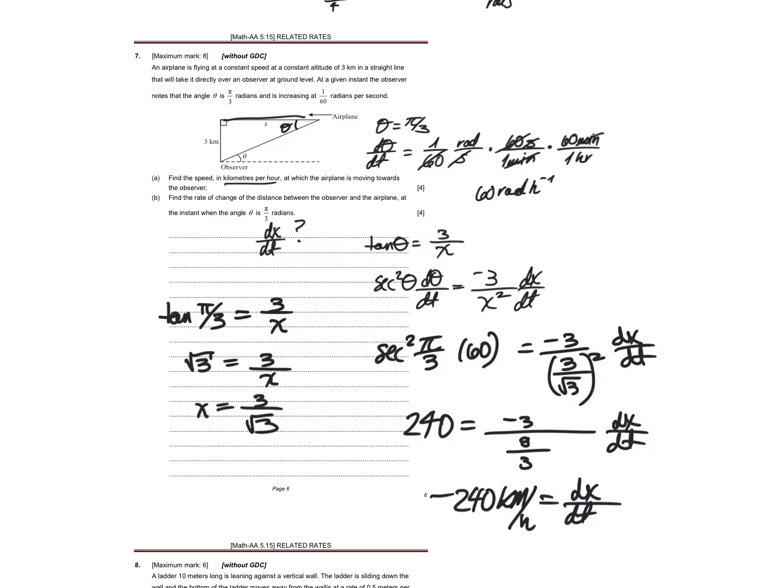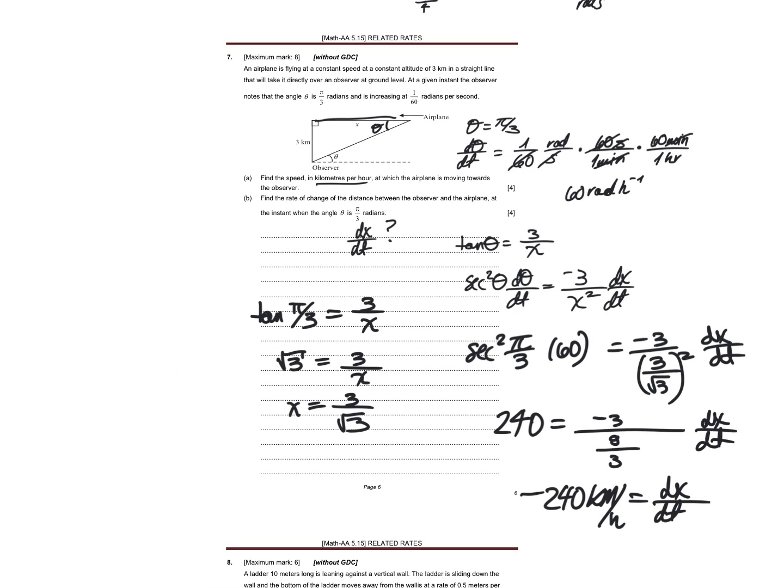Now B, find the rate of change of the distance between the observer here and the airplane. So we'll call this hypotenuse h, at the instant when the angle theta is pi over 3. Okay, so you can use a trig identity, or you can use Pythagoras.